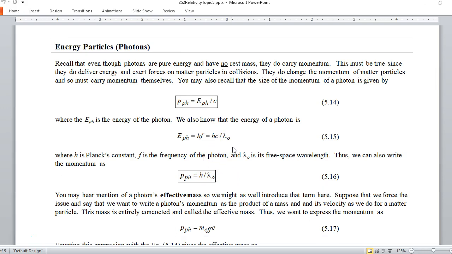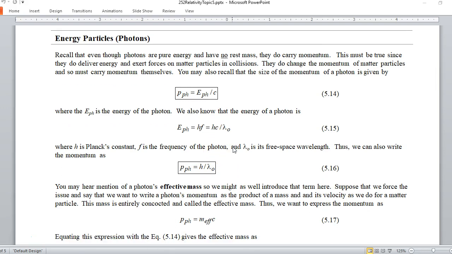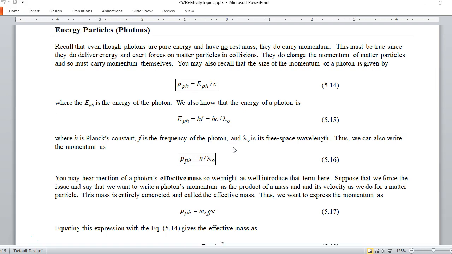Now, something new that we didn't talk about before: you don't have to, but if you want to write the momentum of a photon as a mass times the speed of light, because momentum for a matter particle is the relativistic mass times the speed, then as you see in 5.17, we call that mass the effective mass of the photon.